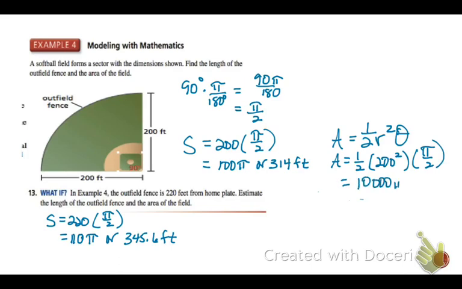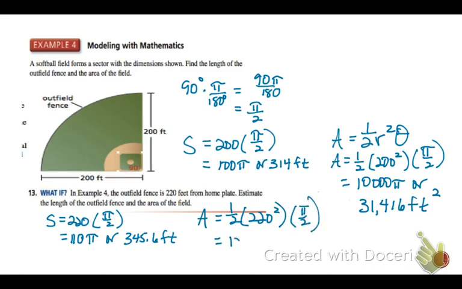That will give us about 10,000 pi, or 31,416 feet squared. And if we extend that fence a little more to 220 feet, then we'll have 12,100 pi, or approximately 38,013 feet squared.